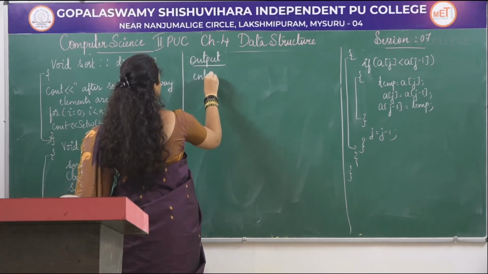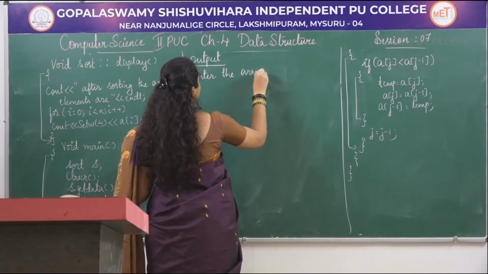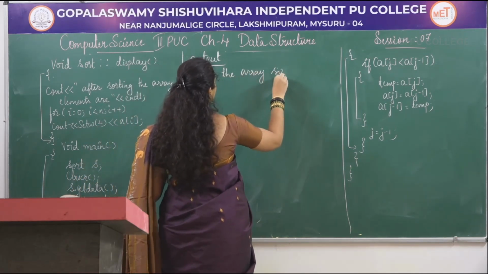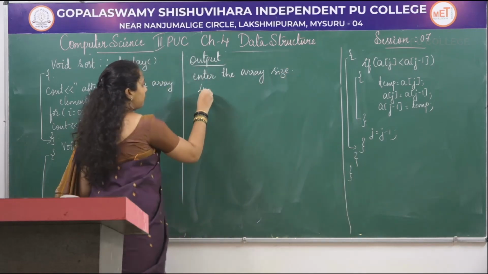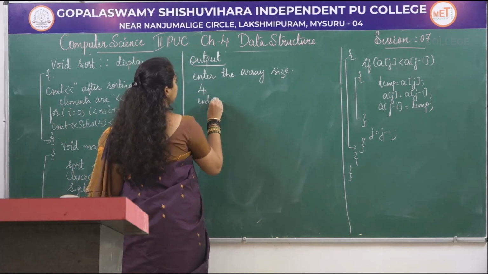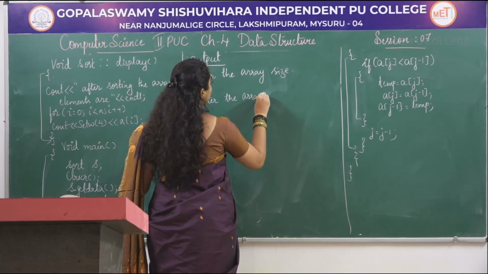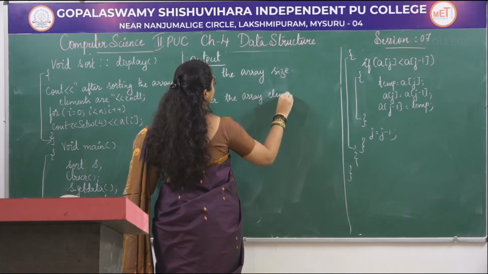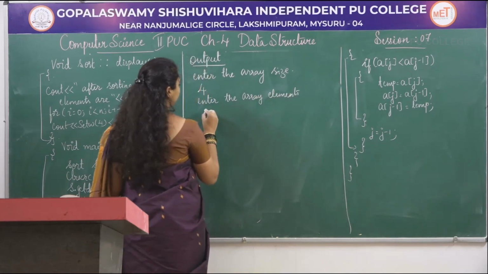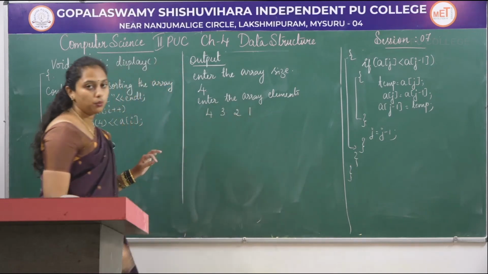So, enter the array size. What is the array size? The array size is 4. Next, enter the array elements: 4, 3, 2 and 1.